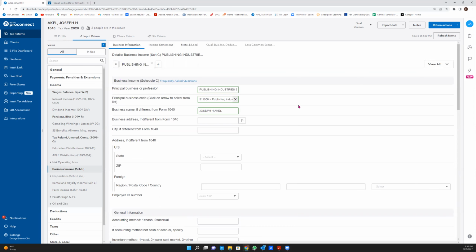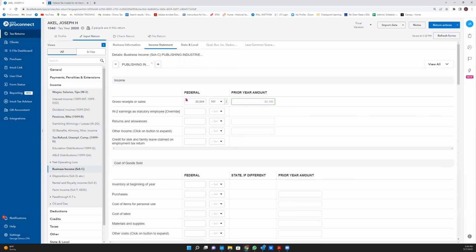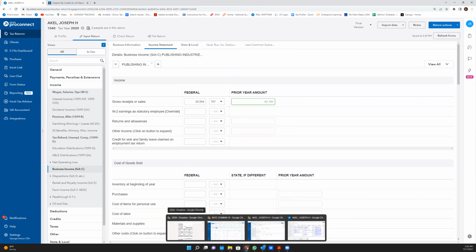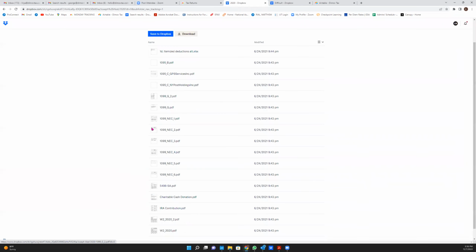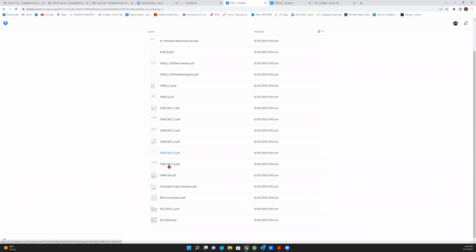Okay. So for Schedule C, that is business income, this is where all of your 1099-NEC non-employee compensation goes. So whenever you see multiple forms, like in this fellow's scenario, you're going to see quite a bit of different 1099-NECs.